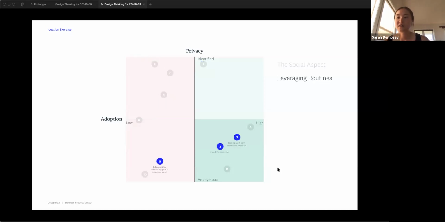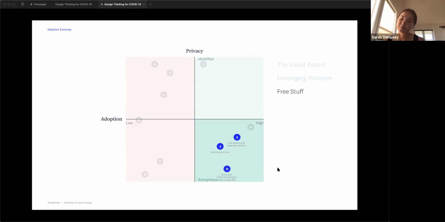Another angle we uncovered was around leveraging people's routines. In order to impact behavioral change, we thought that attaching new actions onto people's existing routines might help them adopt those behaviors sooner and more successfully.